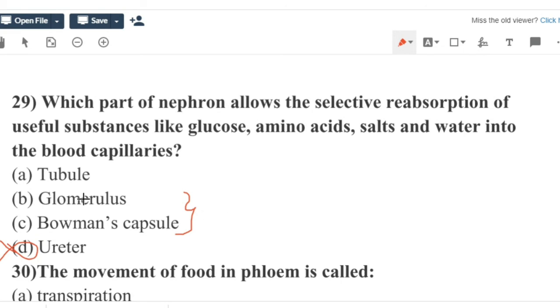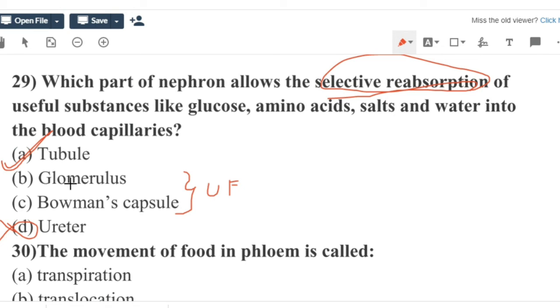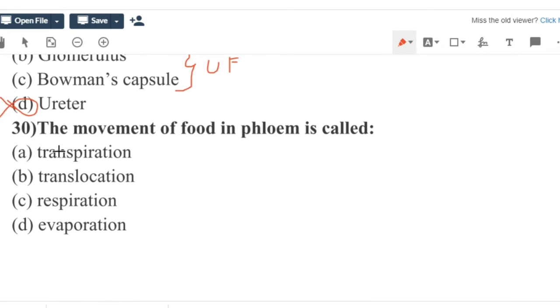The Bowman's capsule has a thick capillary network called the glomerulus, and here ultrafiltration, glomerular filtration takes place. So obviously these two are also not the option. Selective reabsorption takes place in the tubular part, that is the PCT, proximal convoluted tubule. In the proximal convoluted tubule we have selective reabsorption of useful substances. So the answer is tubule.